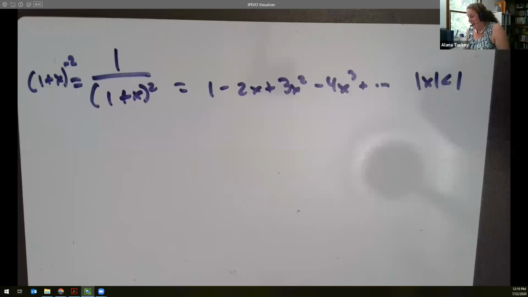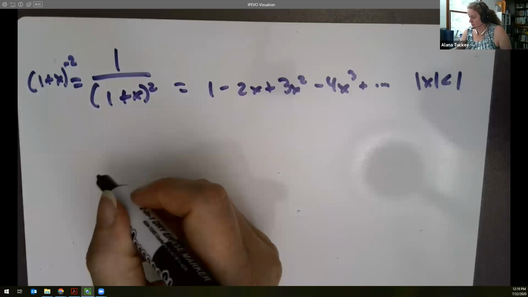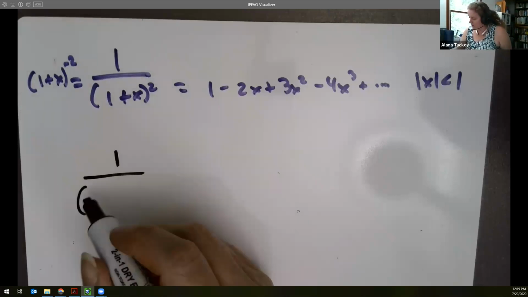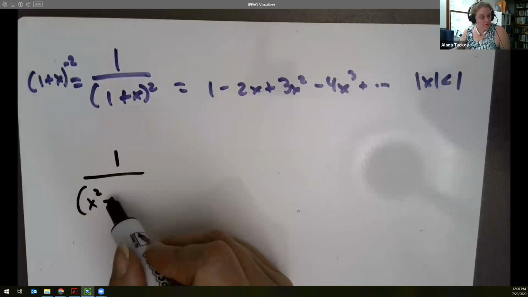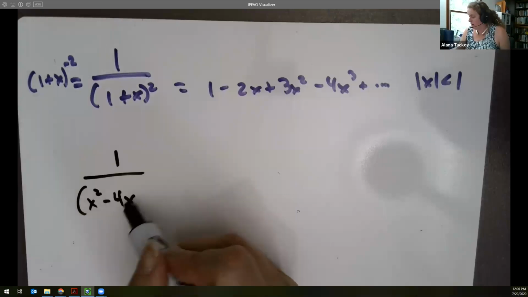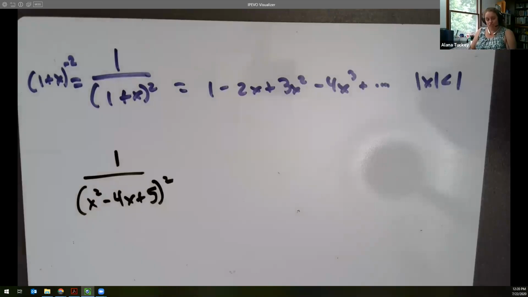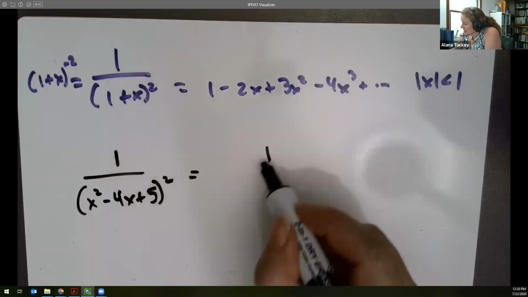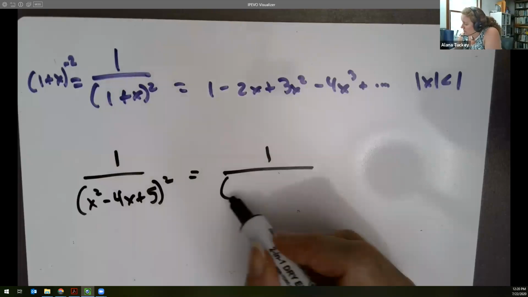It's lovely. All right, so the trick is that they're giving you this problem, which is 1 over (x squared minus 4x plus 5) squared. So I need to turn this thing into that thing, and I'll be done. It's not as hard as you might think. For starters, I'm just going to break off the 5 into a 1 and 4.